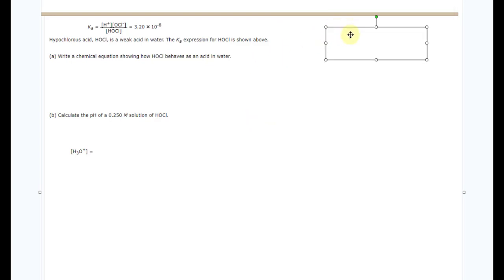So I'd write that down, because as I say, it's going to come in handy later on whenever you have a tough or long problem involving a weak acid. pKa 7.49. When you have an equal mixture of this acid and conjugate base, you'll have this pH, 7.49. But let's go on to the problem here.